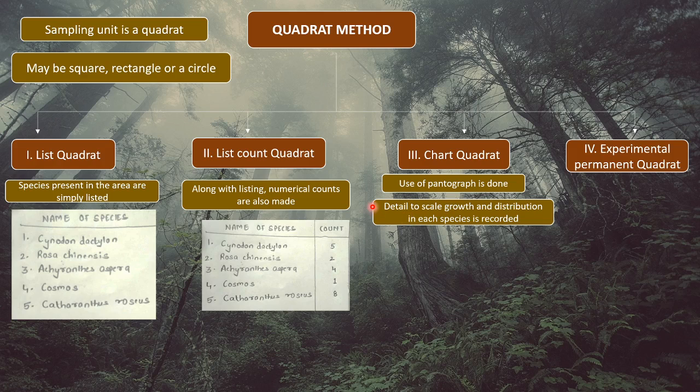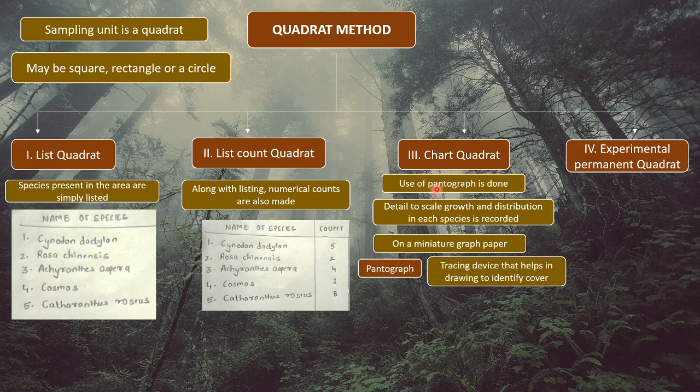This instrument actually gives us detail to scale, and growth and distribution of each species is also recorded. What the pantograph does is scale down the growth to a very small area. So the pantograph is actually a tracing device that helps in drawing to identify cover.